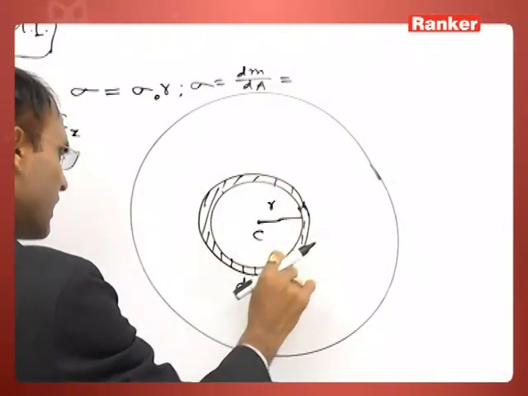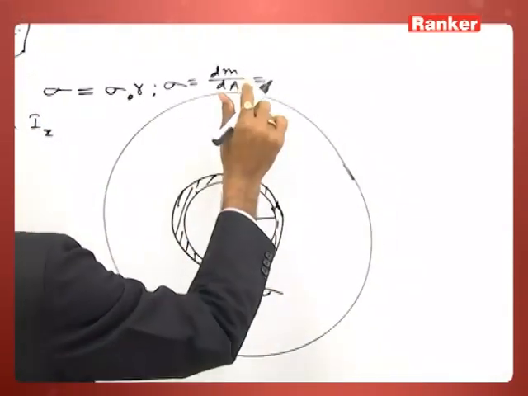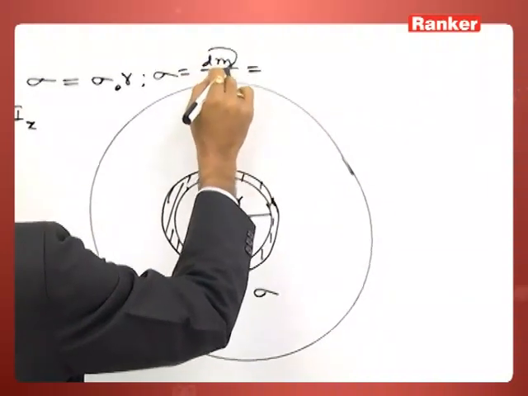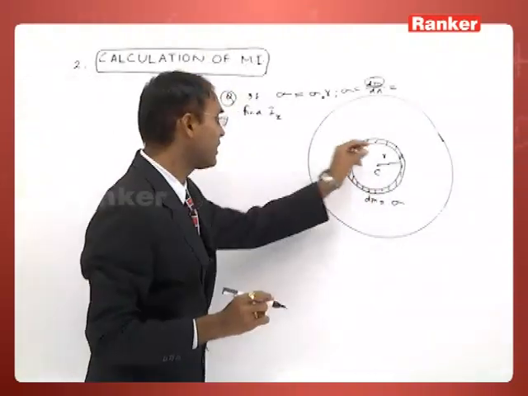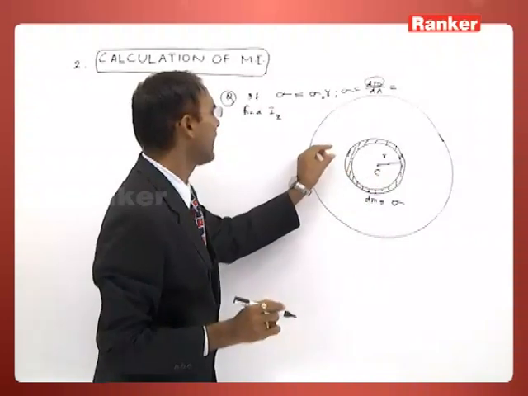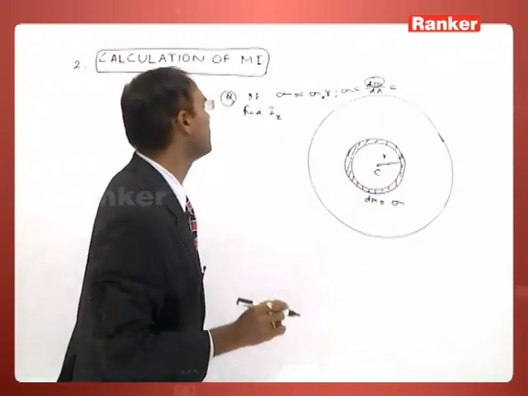Since this ring is extremely thin, we can also take dm as the mass of the thin ring and dA is the area of the thin ring.